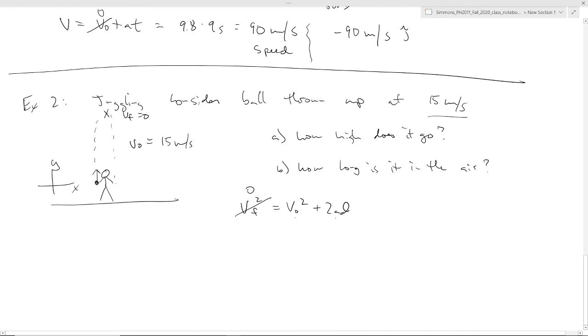Let's just solve this for the, let's call it height in this case. So negative. Notice the acceleration is g. That's negative as well.